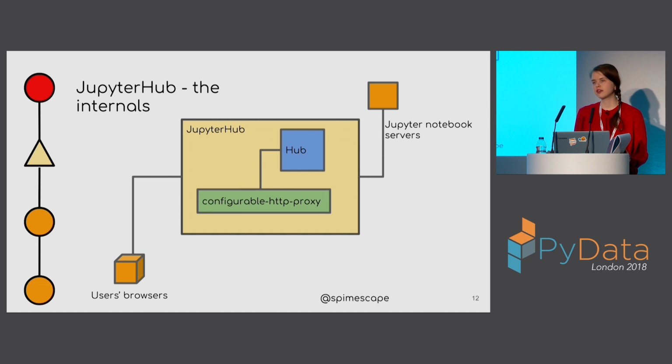The hub will check if the user is authenticated and is allowed to spin up a notebook. And then if she is allowed to spin up a notebook, the hub will communicate with the proxy's internal facing component to establish a new routing rule for the user, which means that the next time the user wants to talk to her notebook, she won't have to go through the whole process of authenticating with the hub. So that's, in a nutshell, how JupyterHub works under the hood.